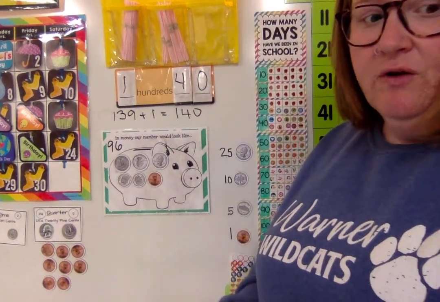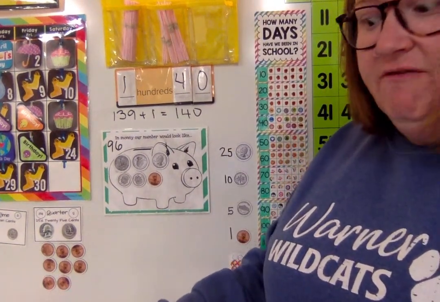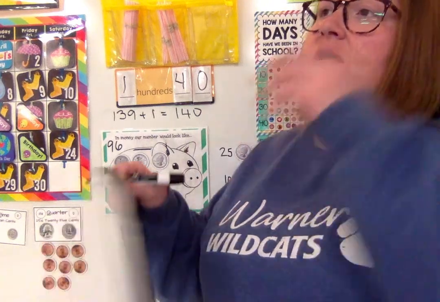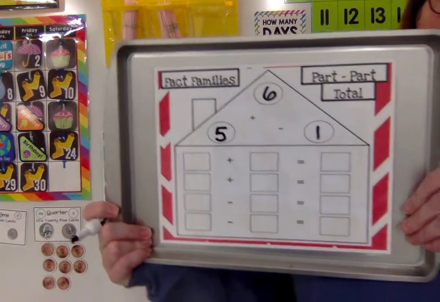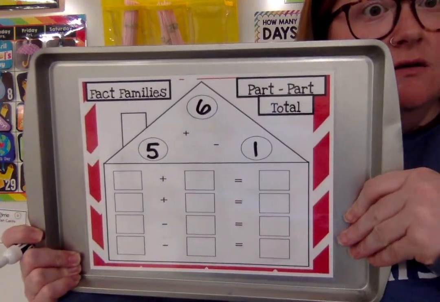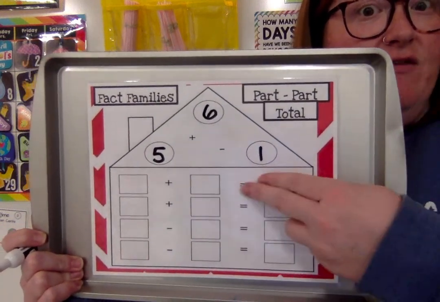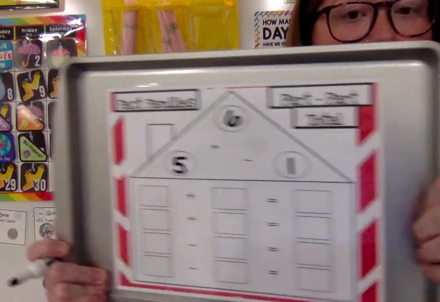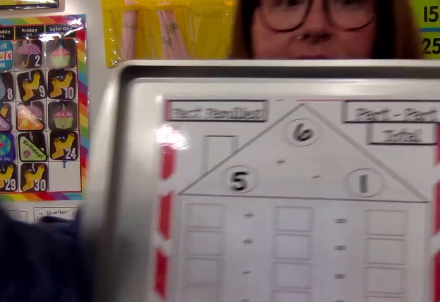Okay. Our last thing is a fact family. Remember, fact families, we have 2 parts and 1 total. So if we look at these numbers, do we know 5 and 1 and 6? If we have 5 and 1, does it equal 6? Remember, I like to put my total at the top so I remember.